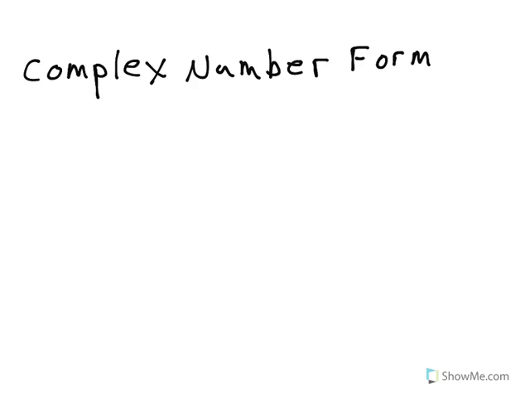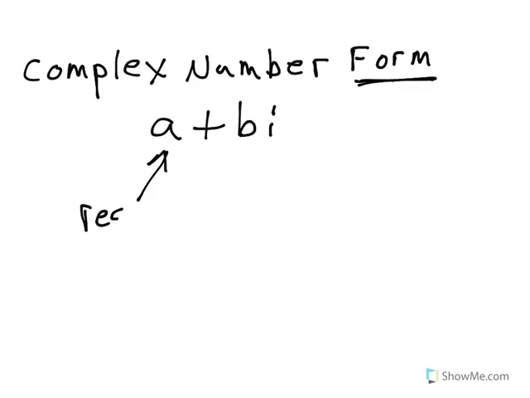The complex number form is a plus bi, where a is the real part and b, which is your number with i, remember i is the square root of negative 1, is our imaginary part.